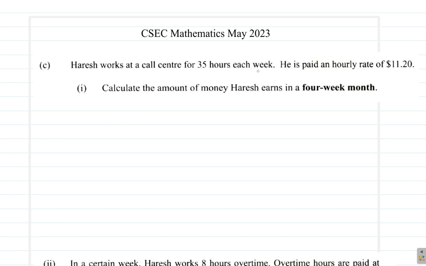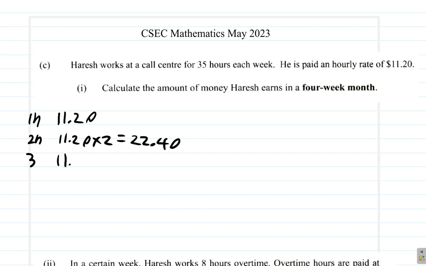35 hours each week. Hourly rate of $11.20. That is the hourly rate. So for 1 hour, he earns $11.20. After 2 hours, he earns $11.20 times 2, which is $22.40. After 3 hours, he earns $11.20 times 3.